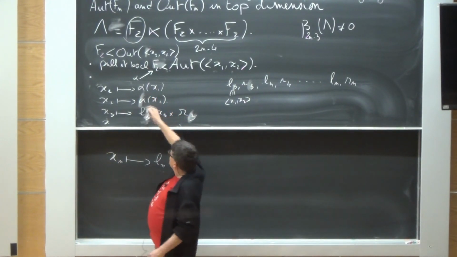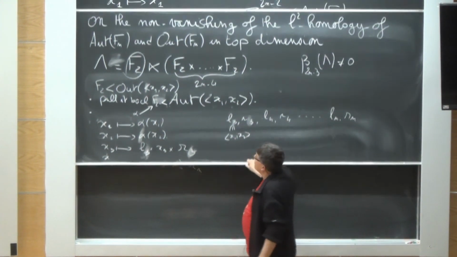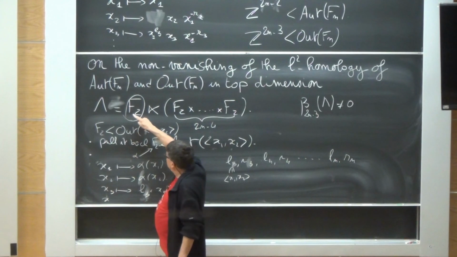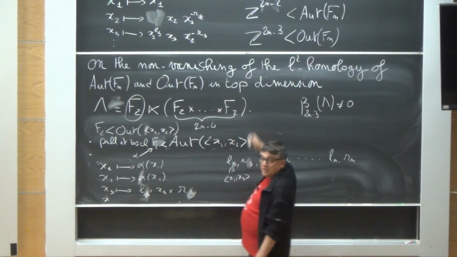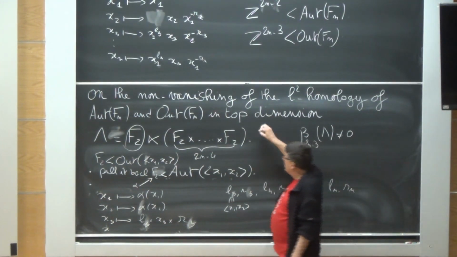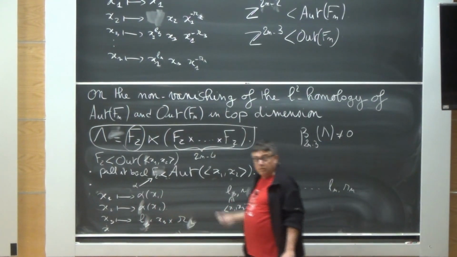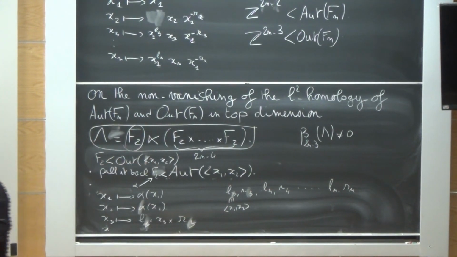Okay? And the alpha just twists these elements. Okay? So the action here is induced by, when you pick an alpha here, you act on each copy. Okay? And so this is a subgroup lambda for which it is easy to see that you have a non-zero L2 Betti number in top dimension. And by this easy reasoning, you get that the L2 homology is non-zero for Out F_n. Maybe I stop here.